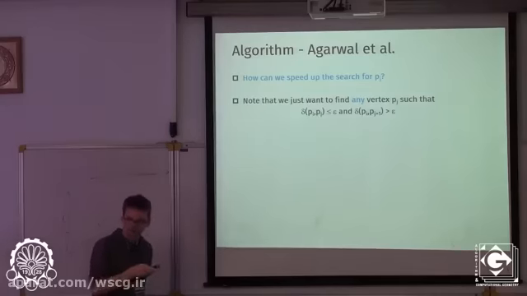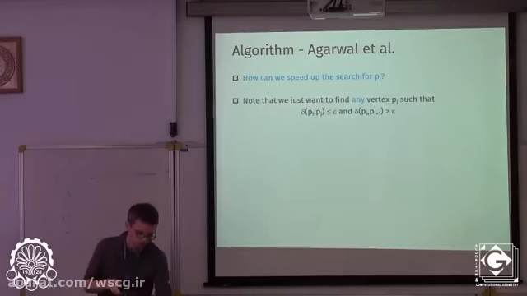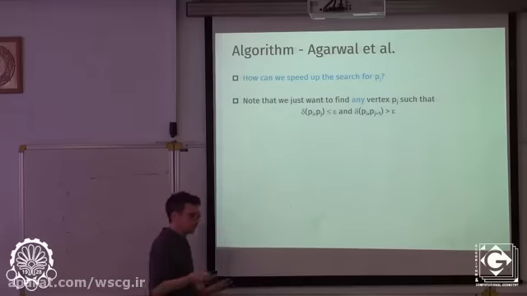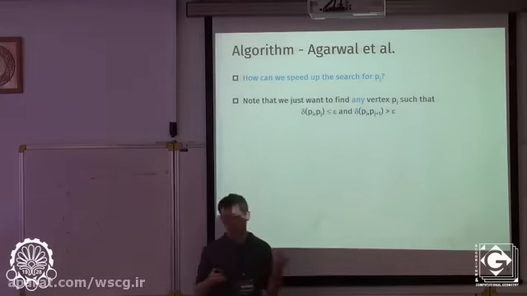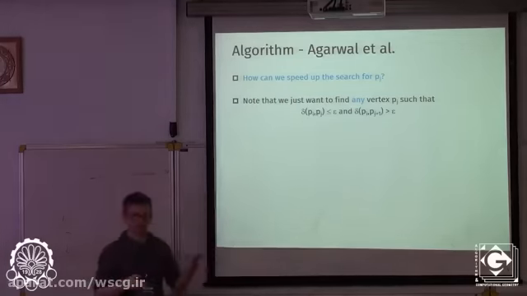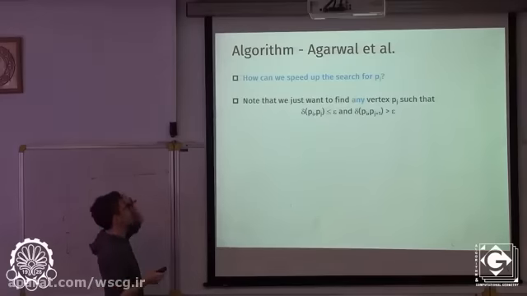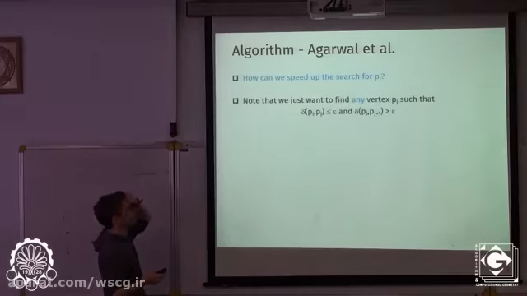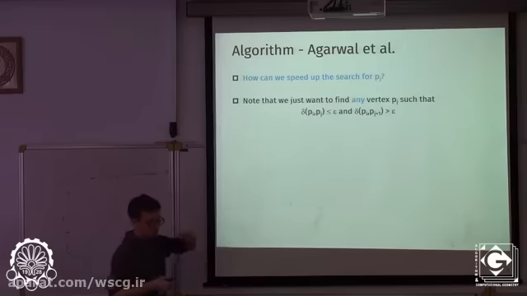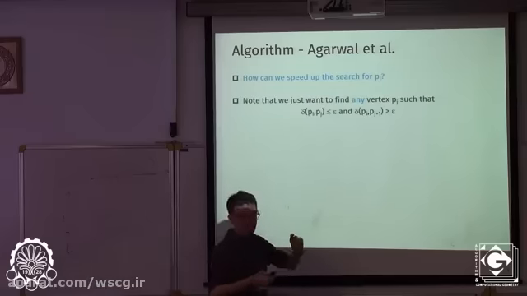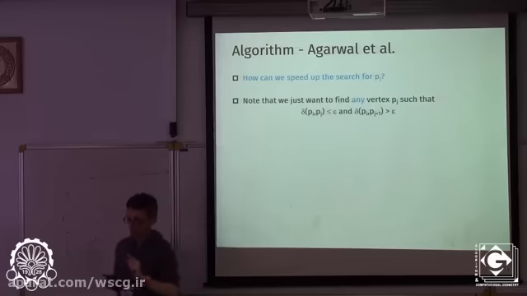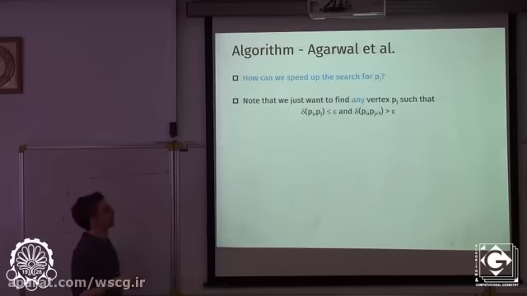Now, maybe the natural first idea might be to do a binary search to find this. That obviously doesn't quite work, so you have to be careful because it's not a monotone criterion.